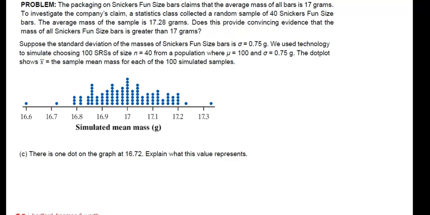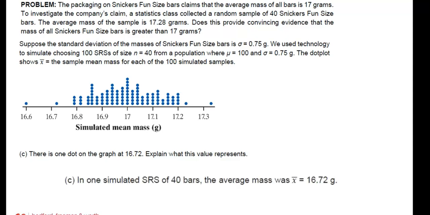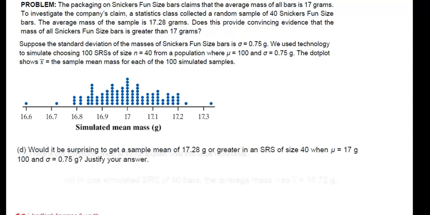There's one dot at 16.72. What does that mean? That means in that particular simulated sample of 40 Snickers bars, the average was 16.72. In one simulated simple random sample of 40 bars, the average mass was 16.72 grams.